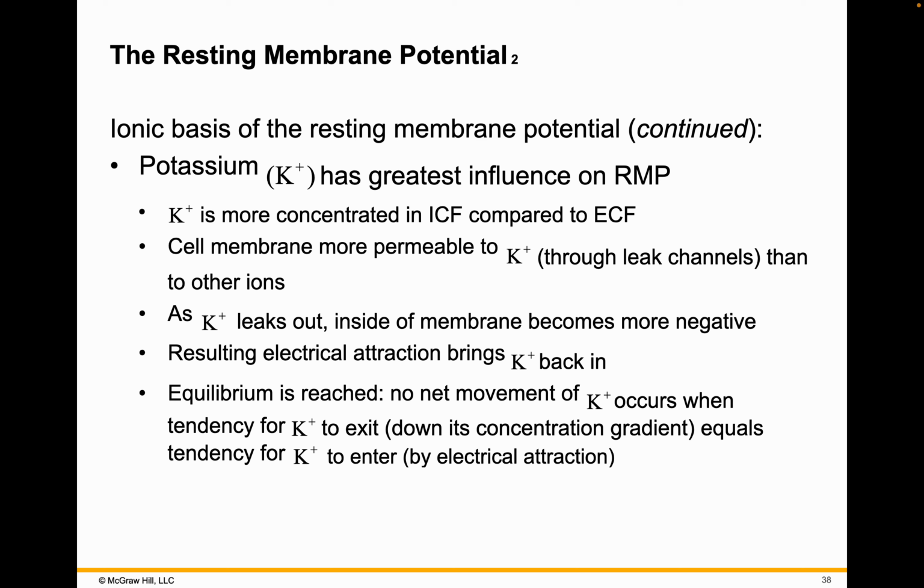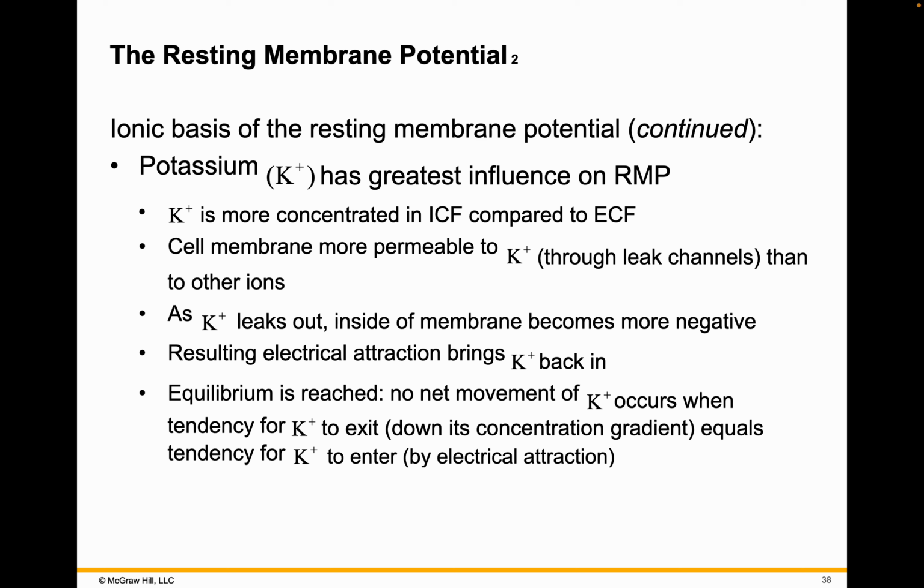Potassium has the greatest influence on the resting membrane potential. Potassium is more concentrated in the intracellular fluid compared to the extracellular fluid. The cell membranes are more permeable to potassium through the leak channels than other ions.